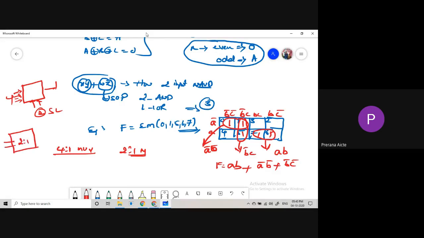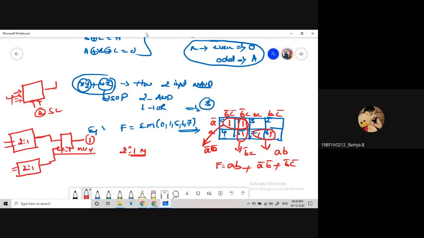So this is a 2:1, and again we use another 2:1. These two outputs are given to another 2:1. So finally we get 1 output, right? Based on this, how many multiplexers are required?